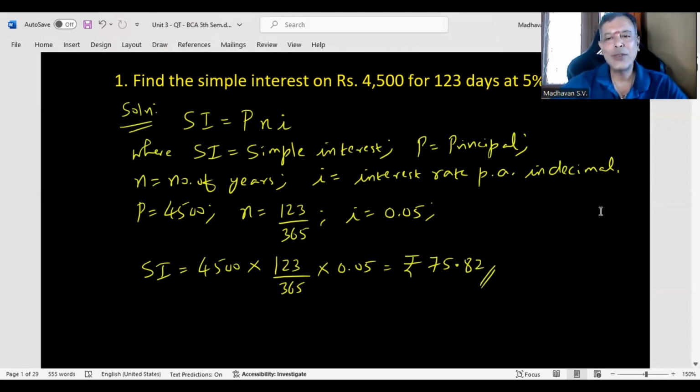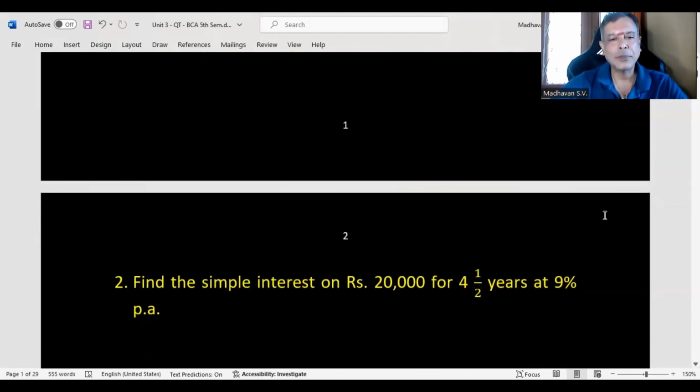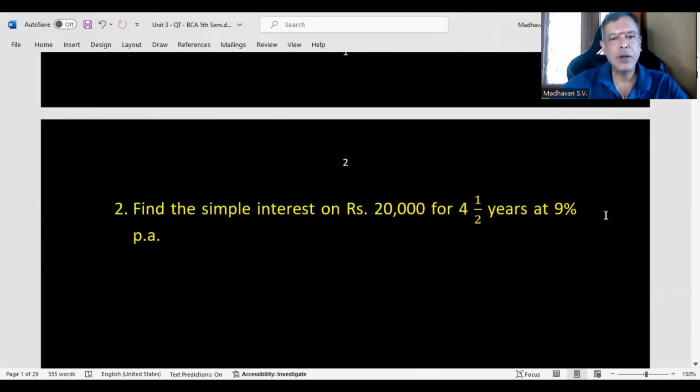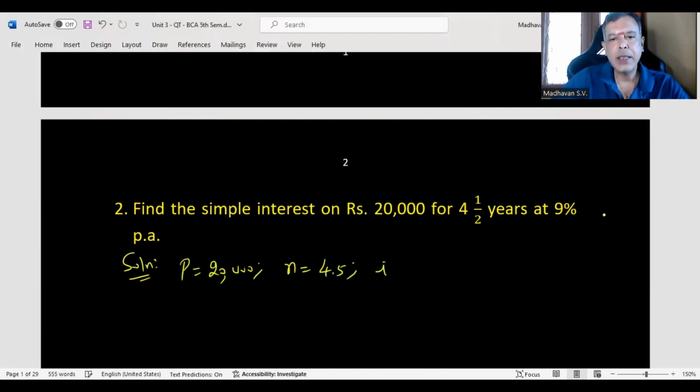Let us move on to the next one. Find the simple interest on rupees 20,000. Means here P is 20,000 for 4.5 years. So N is 4.5 and interest rate is given as 9%. So I is 0.09.